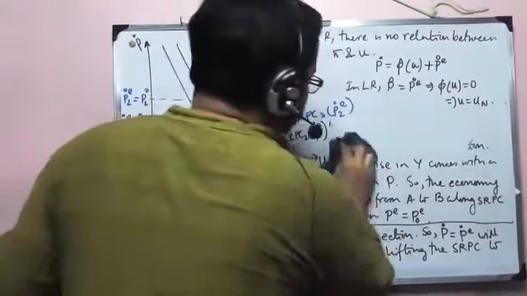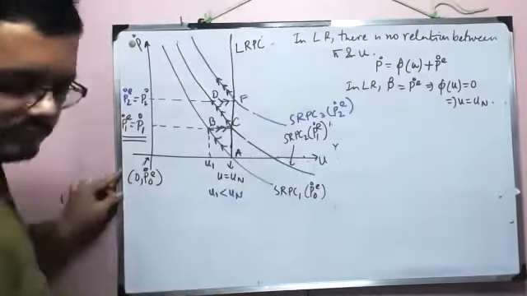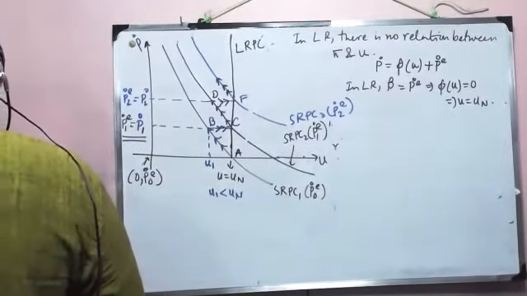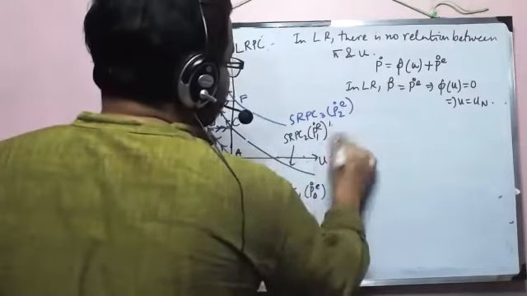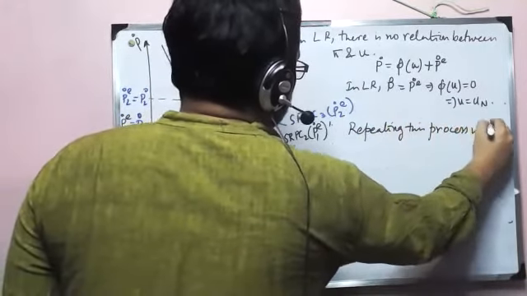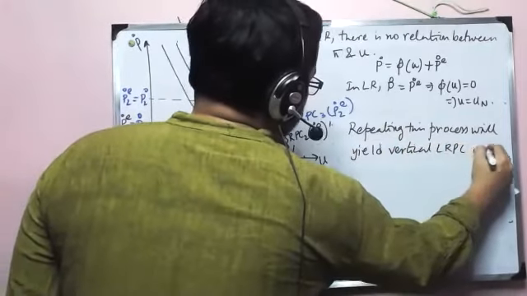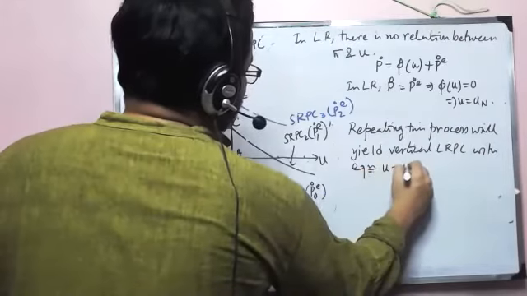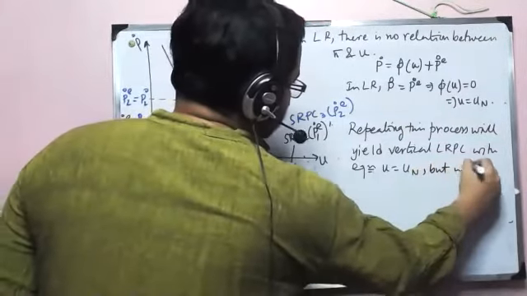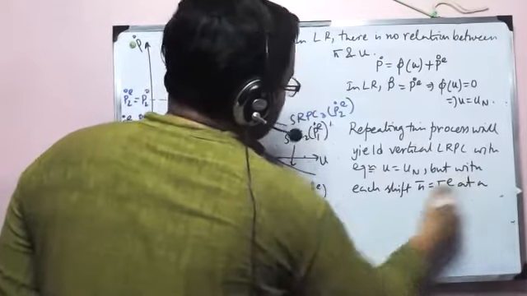So just to write it in simple sentences, what we can write is that repeating this process will yield a vertical LRPC with equation U equal to UN, but with each shift, pi will be equal to pi e at a much higher level.